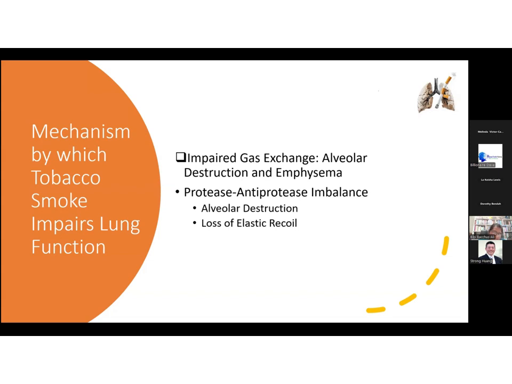It works specifically through the release of proteases such as elastase and matrix metalloproteinases, or MMPs, which are produced from the neutrophils and macrophages. These are immune cells that infiltrate the lungs in response to chronic inflammation.